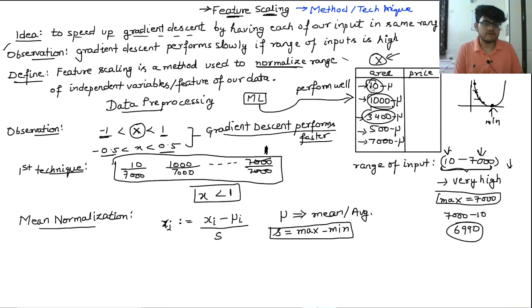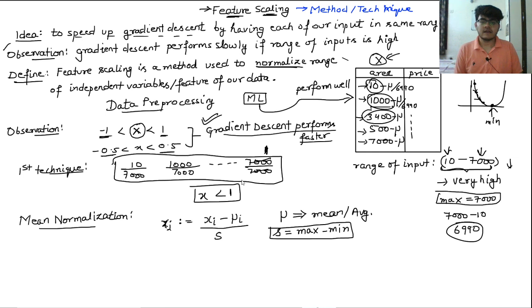Then we are going to divide each of these terms by 6990, and we do it like this. This is known as mean normalization, and this is how we scale our feature. A very good technique to improve the performance of the gradient descent algorithm.